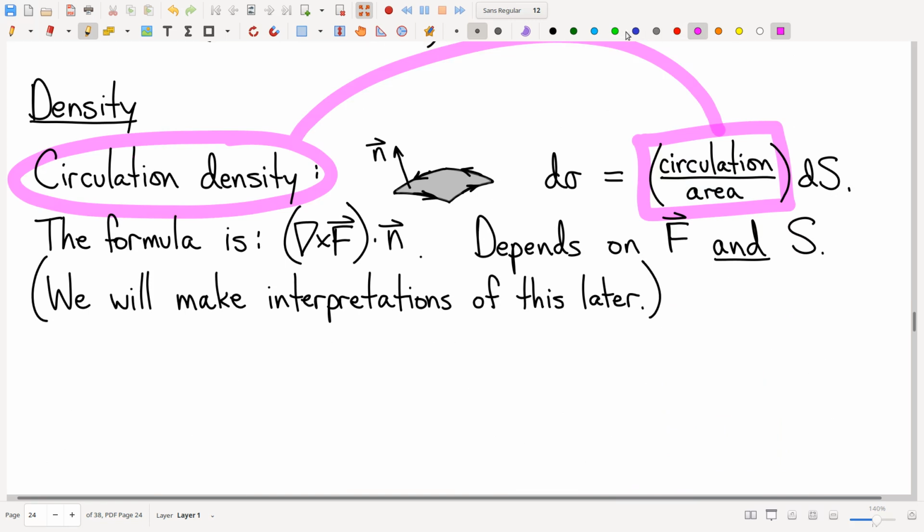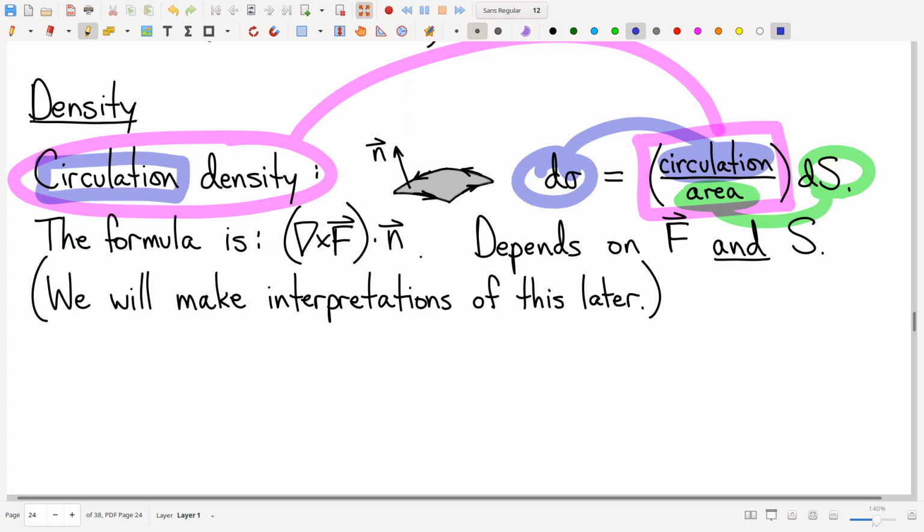There's the question of how much of the stuff there is per unit size. Size being area, because that's what we're looking at. A surface comes with an idea of area. So stuff per unit size, that's all it is. It's a weird kind of stuff, granted, right? The accumulating quantity being circulation is why we call this circulation density.